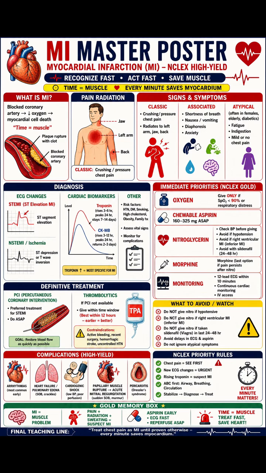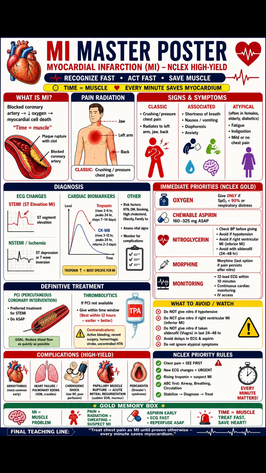Some atypical symptoms are also seen in some patients, especially in females, elderly, and diabetic patients. They may present with symptoms such as fatigue, indigestion, mild or no chest pain. Okay. So an important point from an exam point of view is that a female might have an MI with no chest pain.